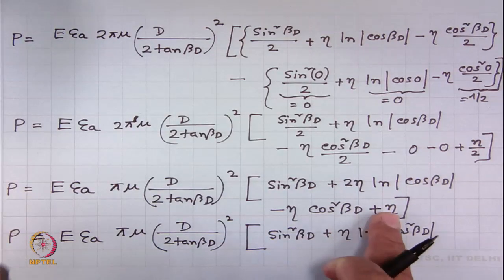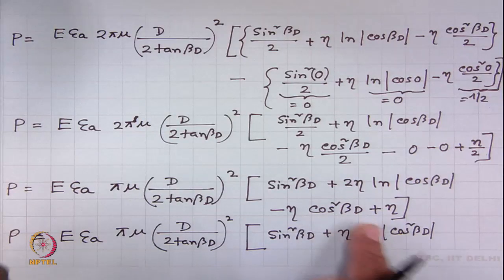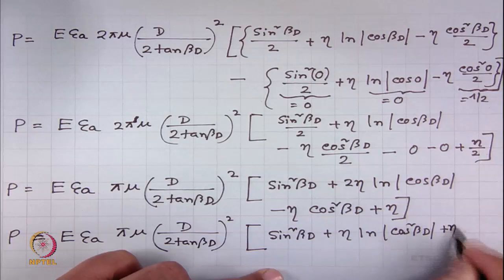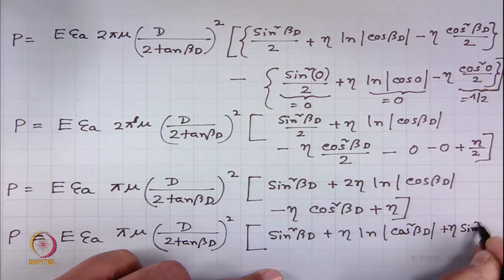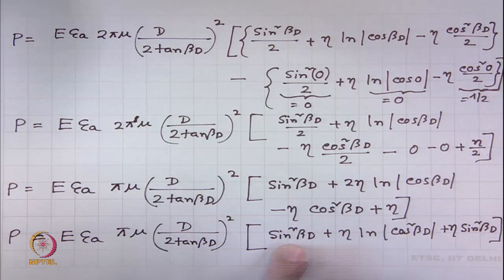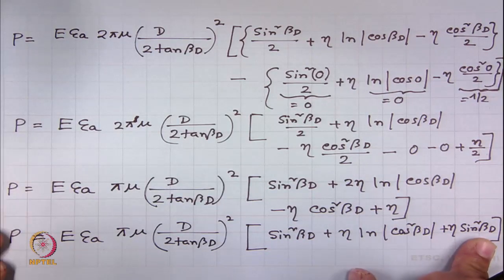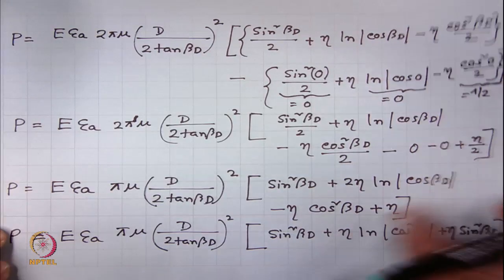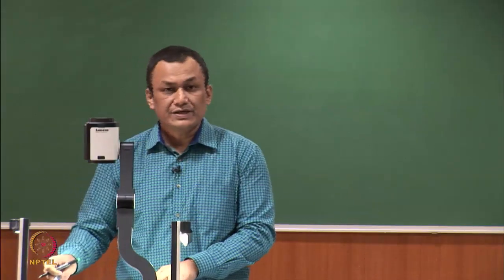So, plus eta into 1 minus cos square beta d, that means plus eta into sin square beta d. Sin square beta d plus eta into sin square beta d. So, 1 plus eta sin square beta d, that will be the next step.